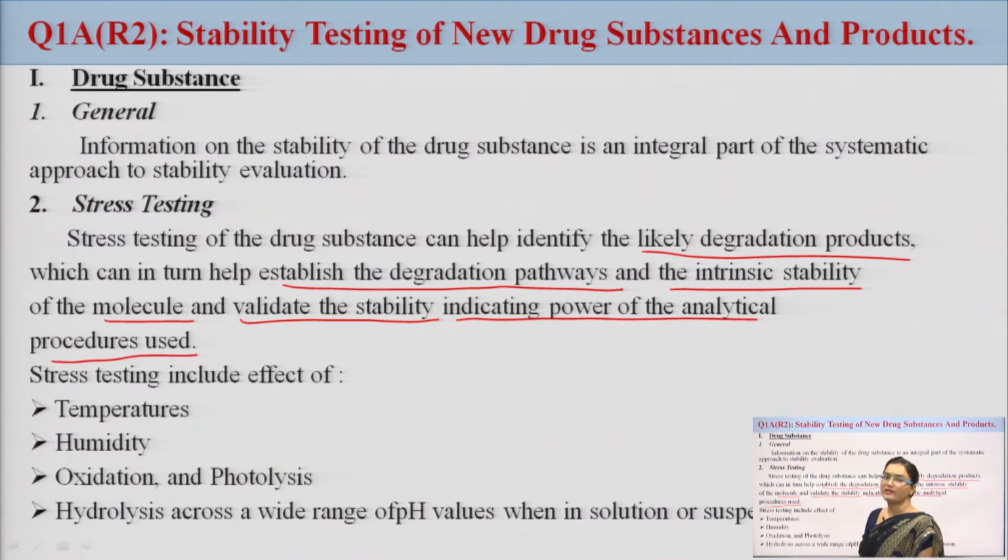So, stress testing includes the effect of temperature, humidity, oxidation and photolysis, and hydrolysis across a wide range of pH values when in solution or suspension. So, the new drug substance or new drug product is subjected to stress testing in these conditions.